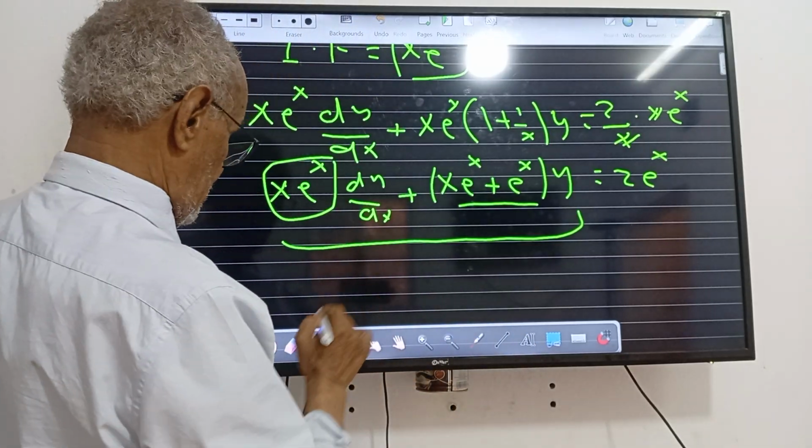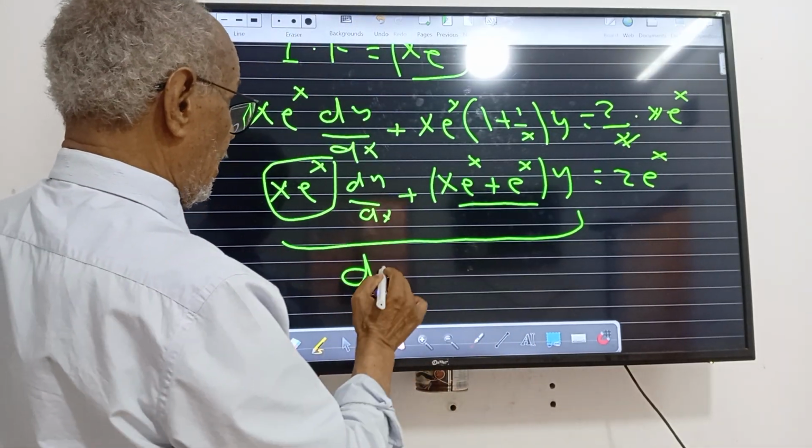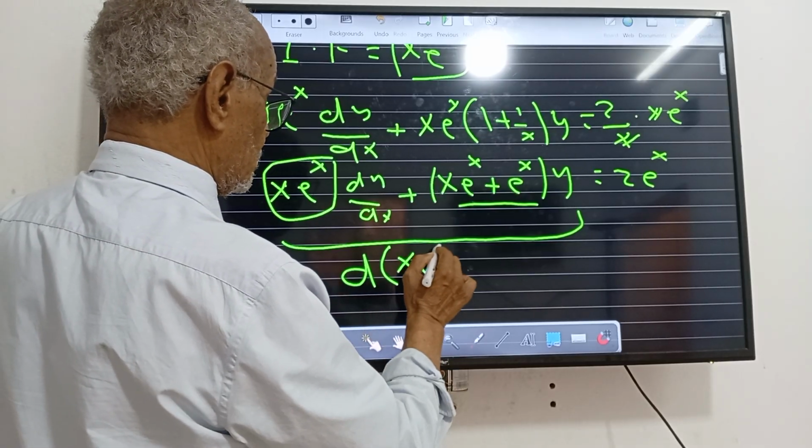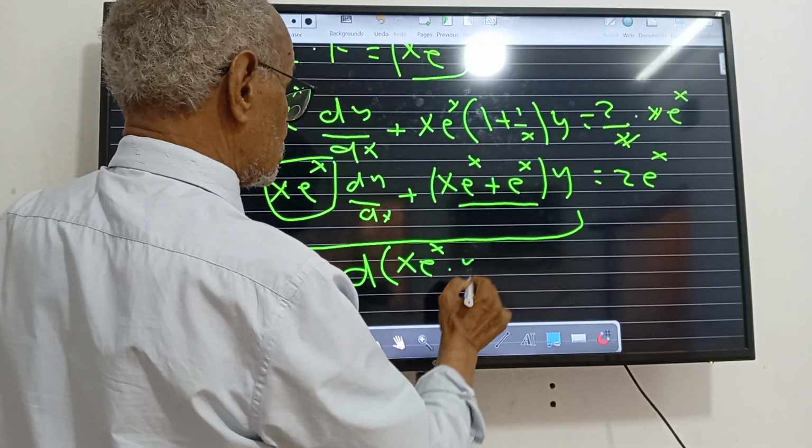That means the first function is x e to the power x, and the other function is y.